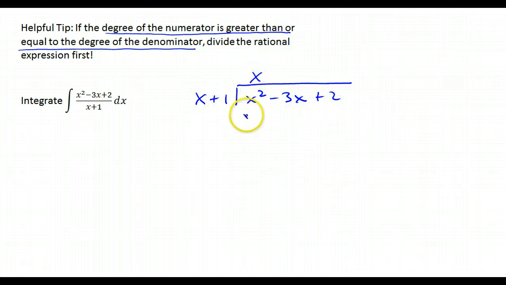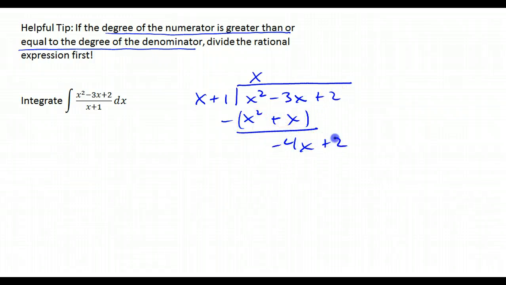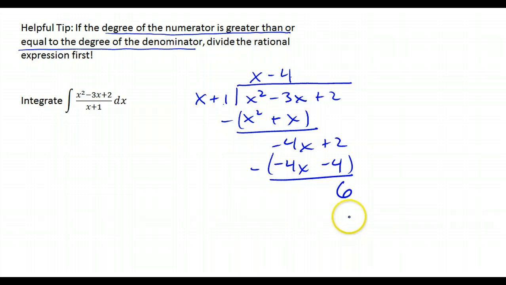And so x times x gives me x squared. x times 1 gives me x. When I subtract, I get negative 3x minus x. Bring down the 2. I need to multiply that x by negative 4. Negative 4 times x is negative 4x, and negative 4 times 1 is negative 4. When I subtract that, I get 2 minus negative 4, which is 6.